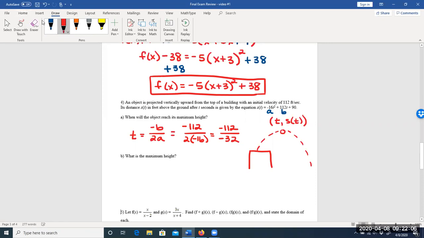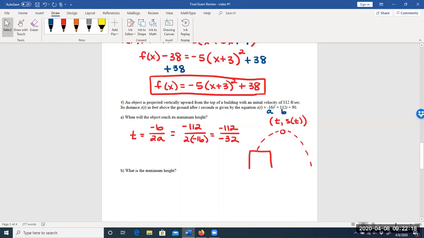And this is, let's see, use my calculator, 3.5. So the object will reach its max height after 3.5 seconds. Now, you don't have to worry about the unit of time for this exam, because in WebAssign, the only thing you would have to enter would be 3.5.